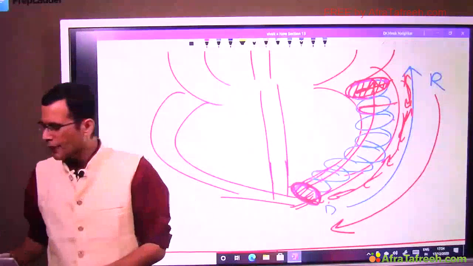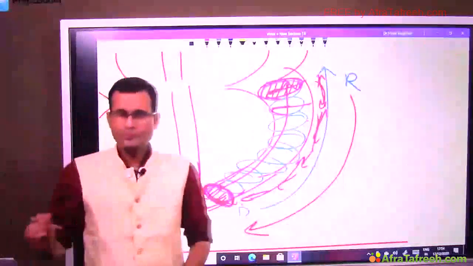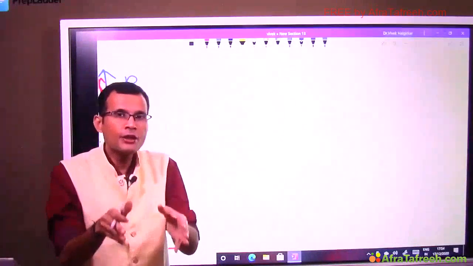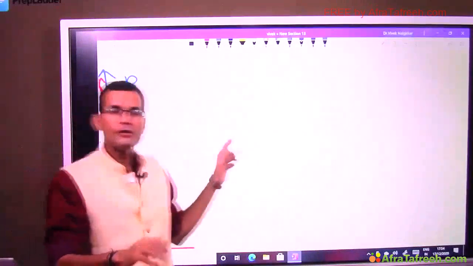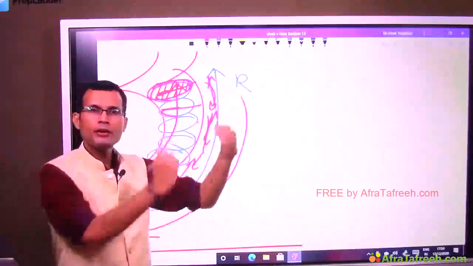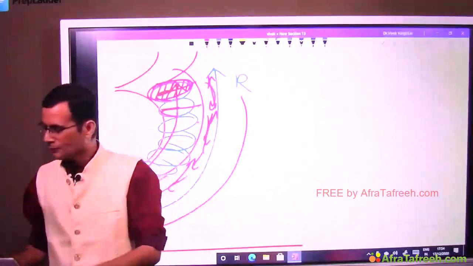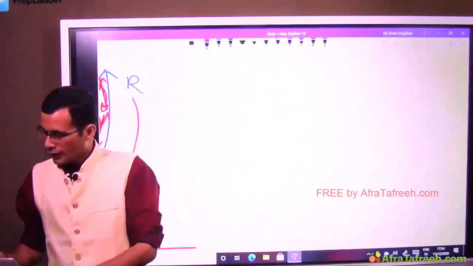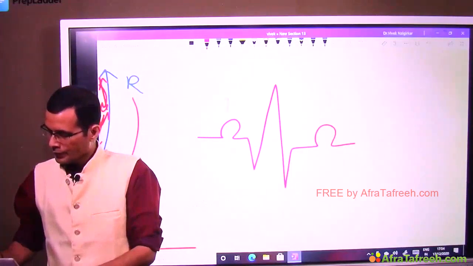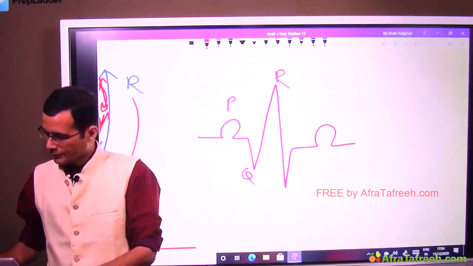Okay, let me finally just add one more point in this. Now this is interesting. I am further strengthening your concept. Look at the ECG now. We are still on this point only, depolarization and repolarization going in the opposite directions. ECG has this appearance. PQRST waves.